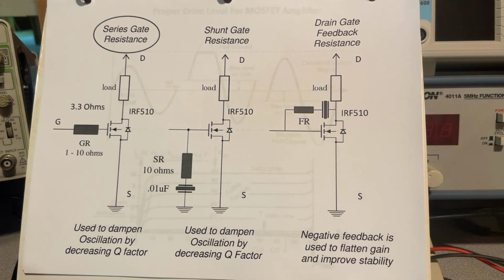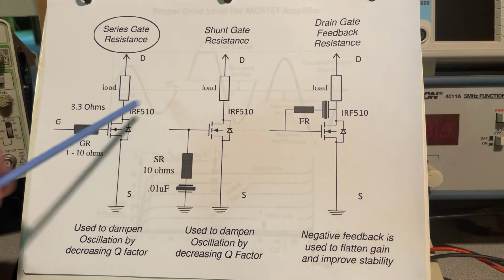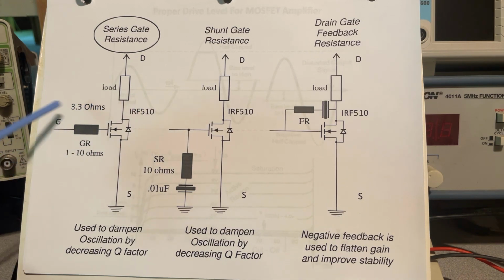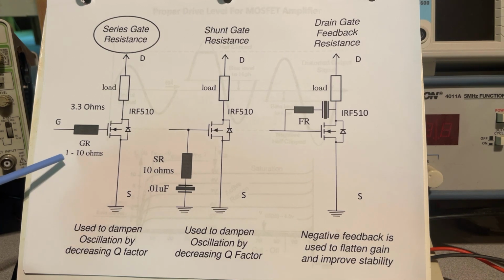So here we're using series resistance for stabilization, 3.3 ohms, okay? The best thing to do here, if you're using LTSpice, you can model this by using a different resistance value. The general rule is somewhere between 1 and 10 ohms.